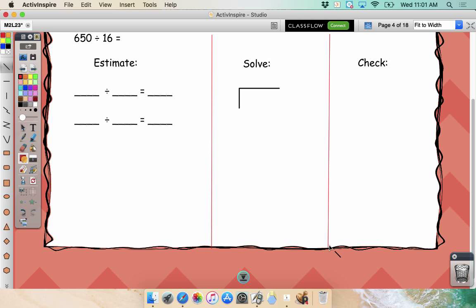And then, you know how your paper looks a little different than mine? Okay? So if you want to draw horizontal lines right above the next problem, you can. Okay? And you can make it look like a tic-tac-toe board. But get it done quickly so that we can move on and do some review.